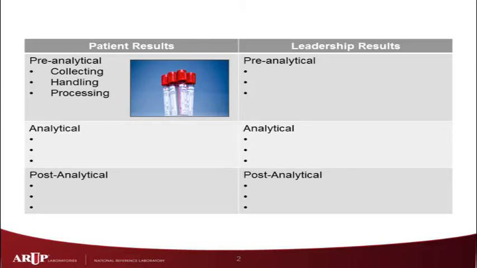And for clients of ARUP, our website has very detailed instructions as far as what clients need to do for collecting and handling different specimen types so that we ensure accurate test results. The third part, processing, involves additional verification of the patient and specimen information. Although collected and transported correctly, are the specimens still at the correct temperature?